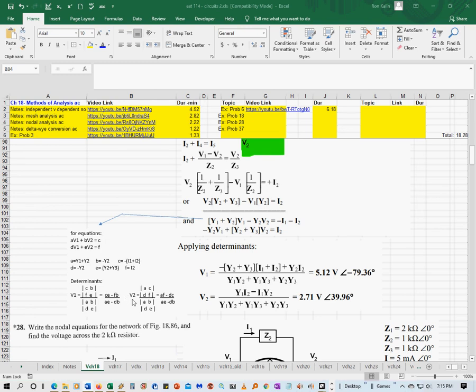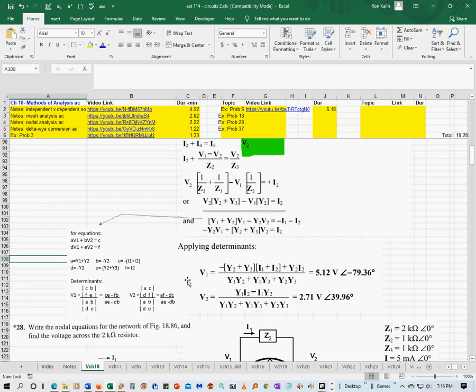Same thing for V2. This time you put C and F in column 2 and A and D in the first column, and then the denominator is the same as in V1. And then you do your cross multiplication here, and once you get your values on the top and bottom, you divide them.